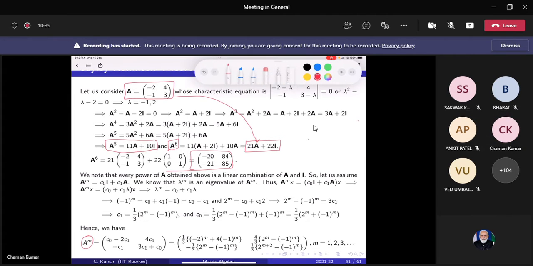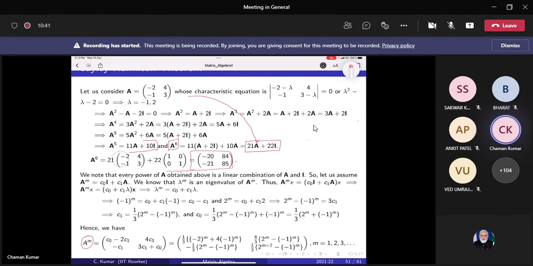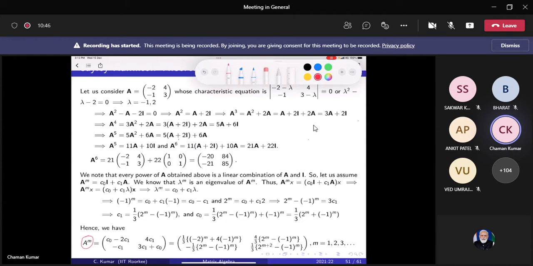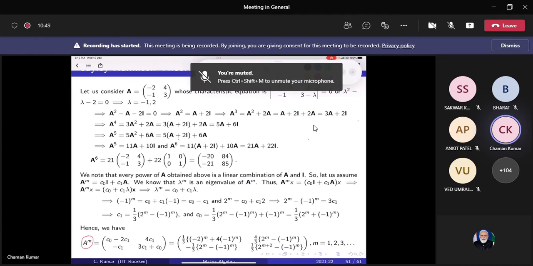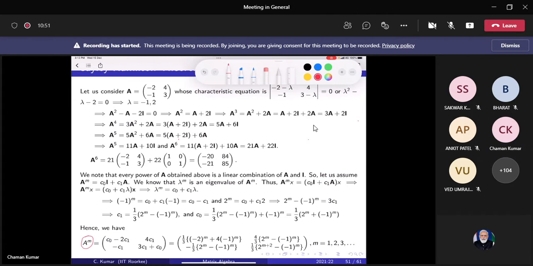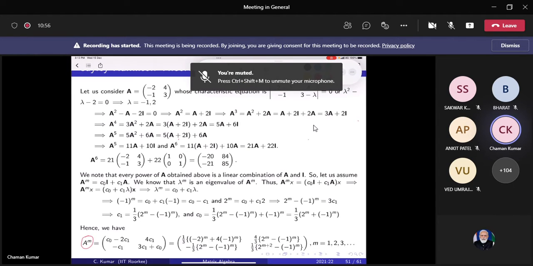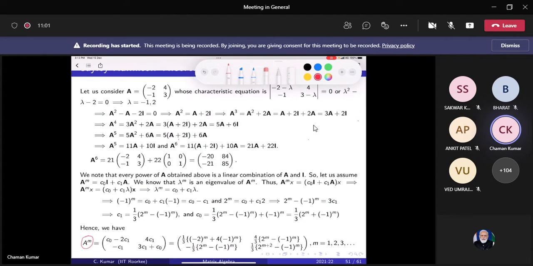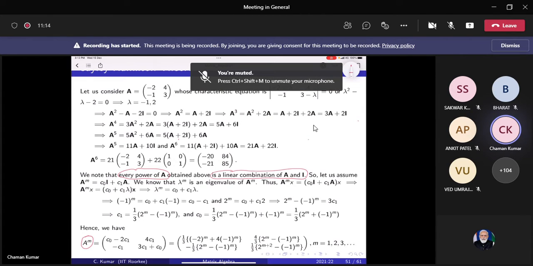In general, you can write the matrix A raised to m. Okay. So from the above relationship, we can see that for this example, every power of A is a linear combination of the matrix A and the identity matrix.